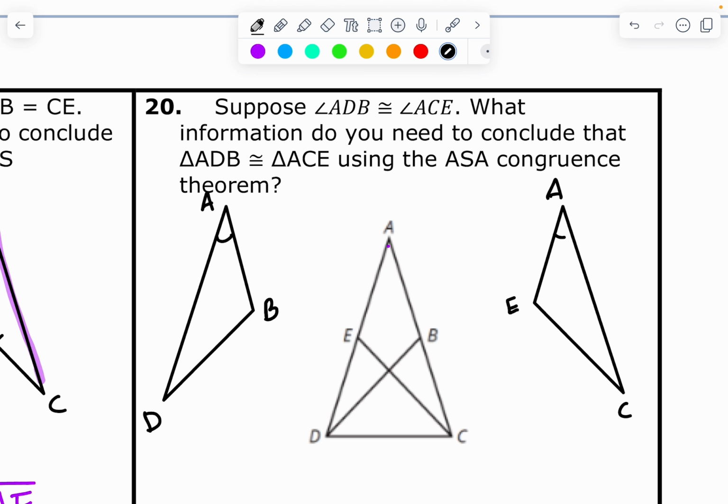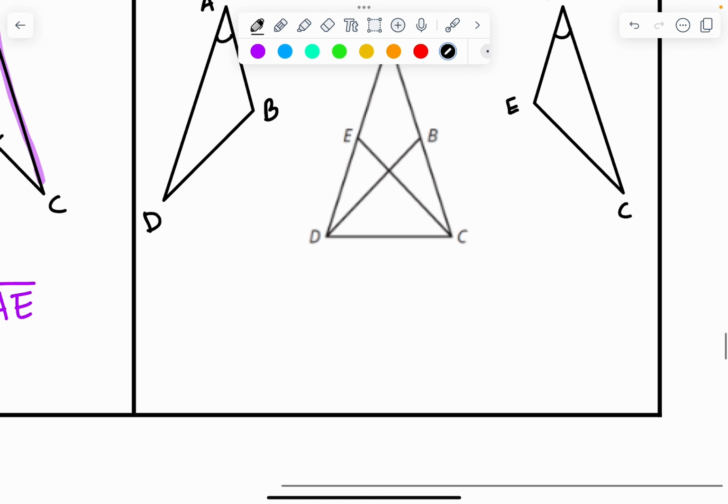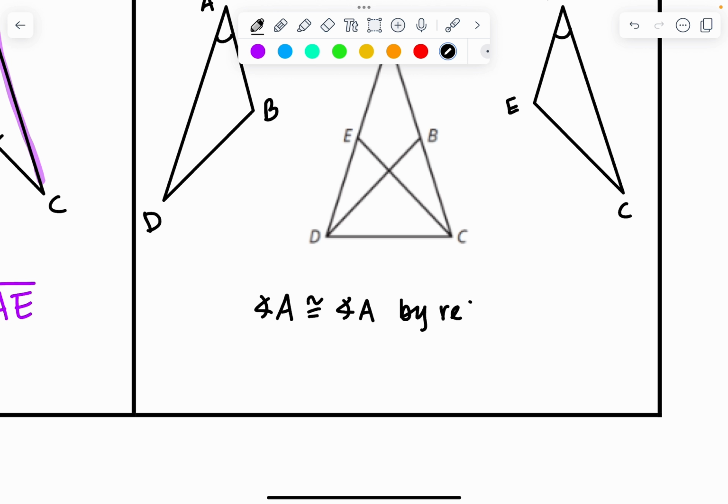So we know that angle A is congruent to itself by the reflexive property.